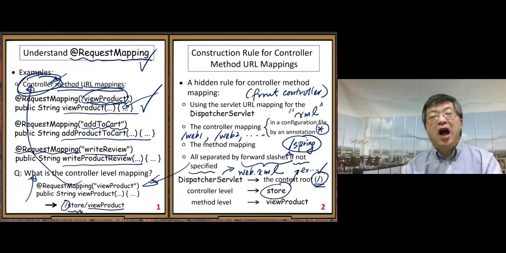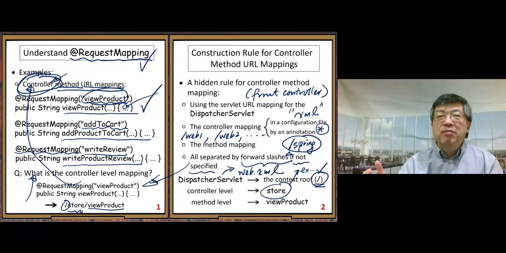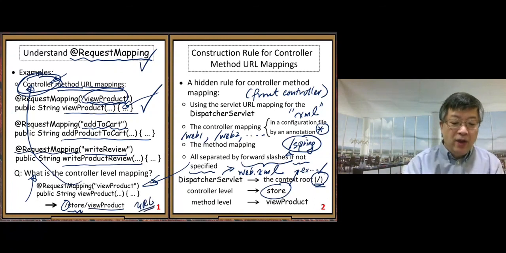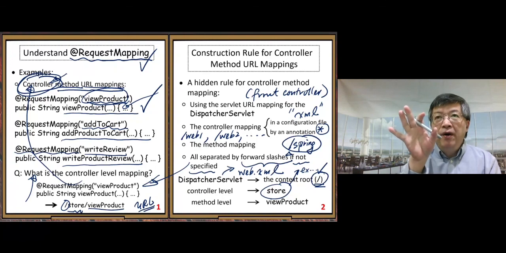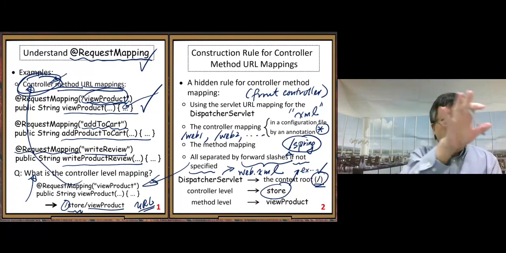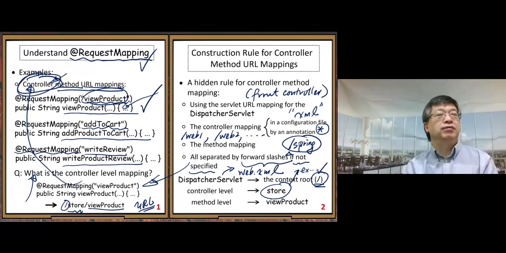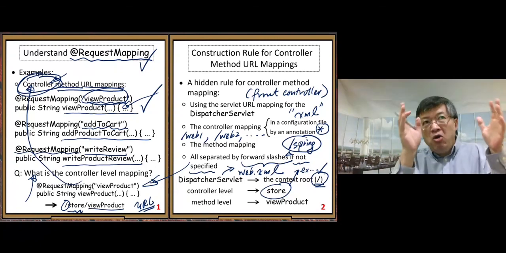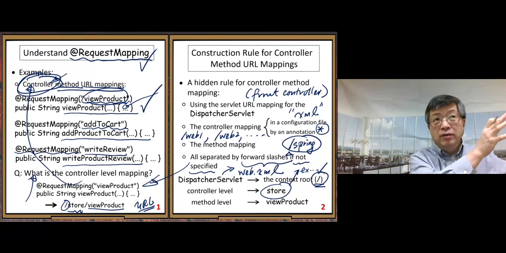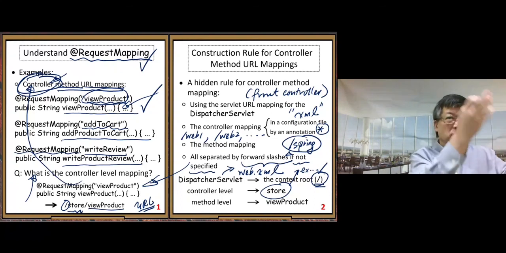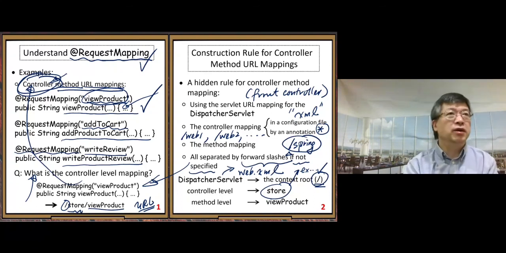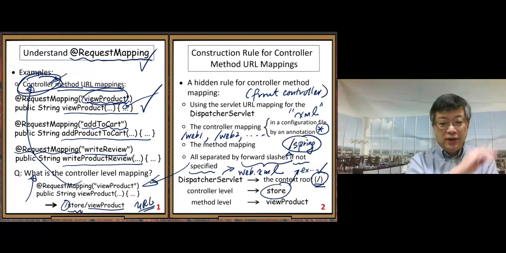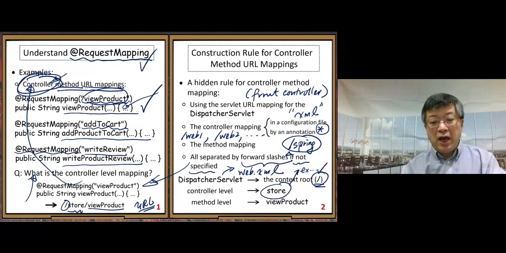You can see how simple it is. With the URL way, we can easily call any method in any controller we want. If you go back to the old XML way, we can do the same thing, but we need to do a lot of work. All right, so that's the first slide.